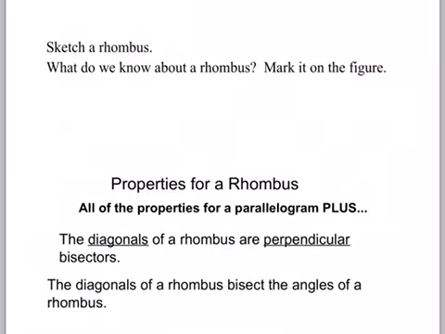Some of this you probably already remember, but let's start with a rhombus. Let's start by sketching a rhombus, and we're going to label everything that we currently know about it. So a rhombus is kind of like a diamond.